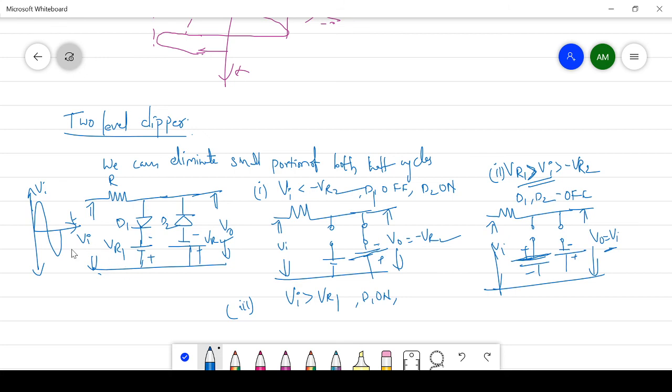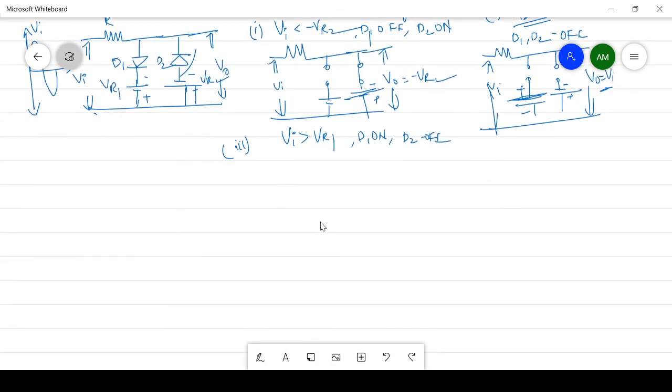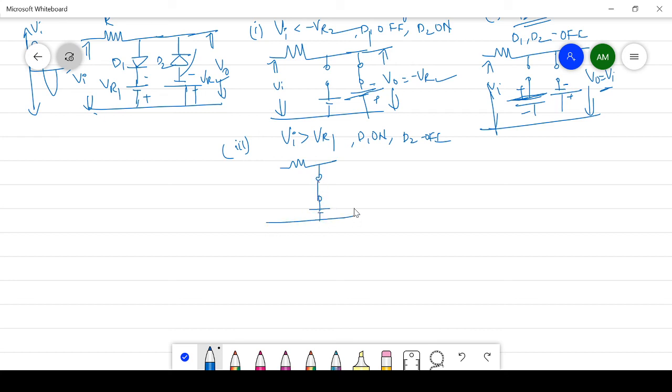Above VR1, diode D2 is off, only D1 is on. D1 on is a short circuit, and D2 is an open circuit. So the output voltage V0 is equal to VR1 only.